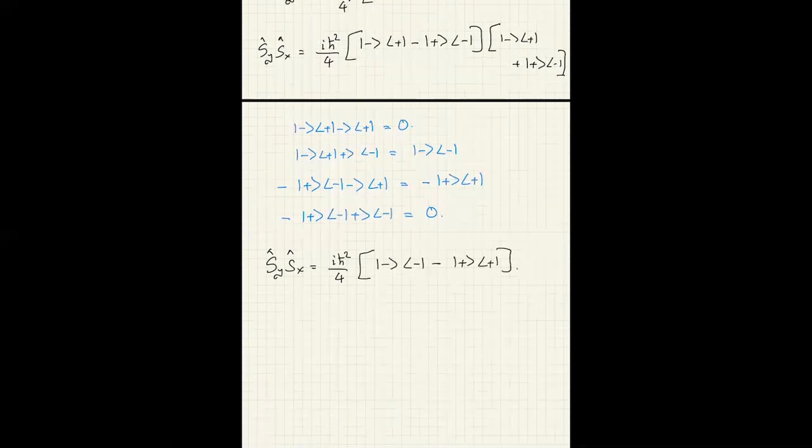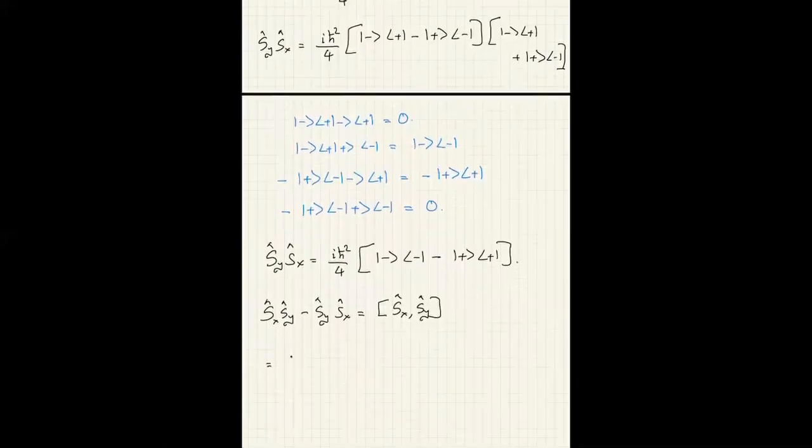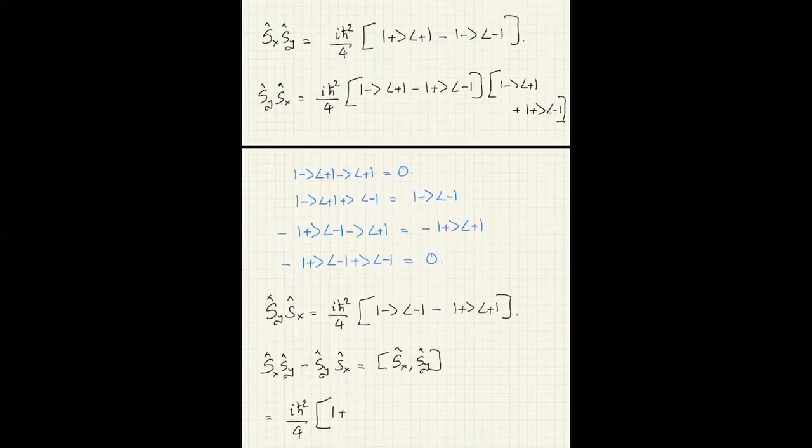So let me now take the difference between these two, SxSy minus SySx, which is basically the definition of the commutator of Sx and Sy. This is equal to, both these guys have an i h bar squared over 4. So I'll take the i h bar squared over 4 out common. The first term is plus plus minus minus minus minus.